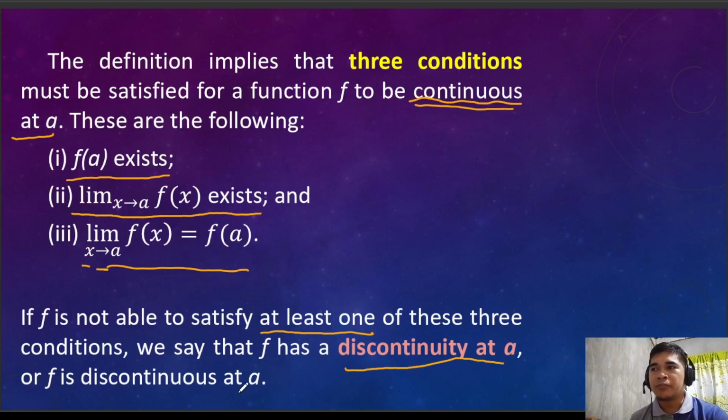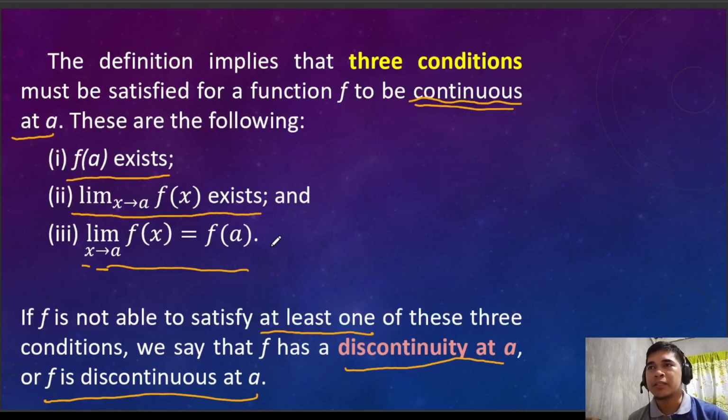Or f is discontinuous at a. So, if at least one fails, it is automatically discontinuous at a.